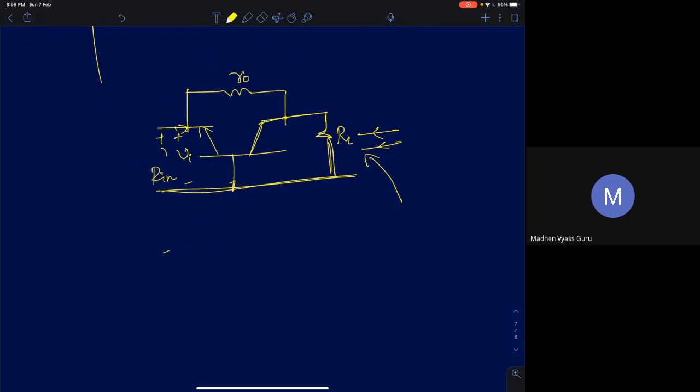The moment we start including R naught, the analysis becomes a little bit more complicated. So now, in the presence of R naught, what do you think will be the input resistance? No, RL is present. So let me ask a simpler question. Let's assume RL is infinity. If RL is infinity, then what do you think will be the input resistance?